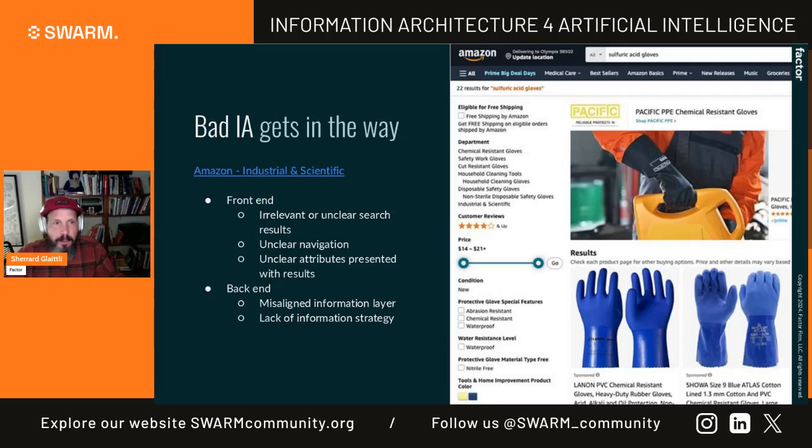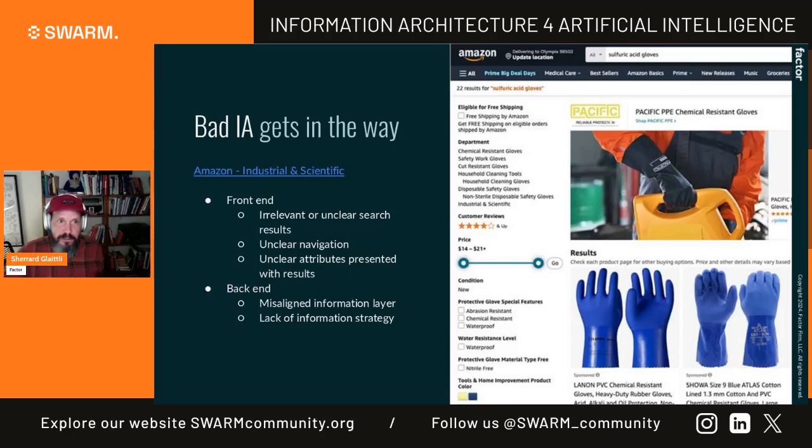But what you actually see here is that the information strategy is, this is primarily an advertising space for marketplace sellers. And you can tell that because all those search results at the top, above the fold, are all sponsored, all of them, including some merchandising up here at the top.